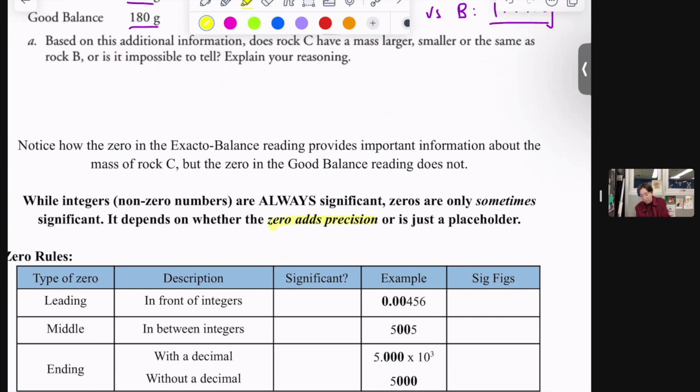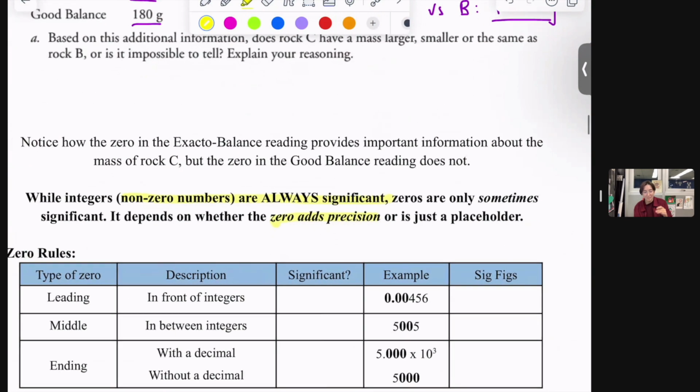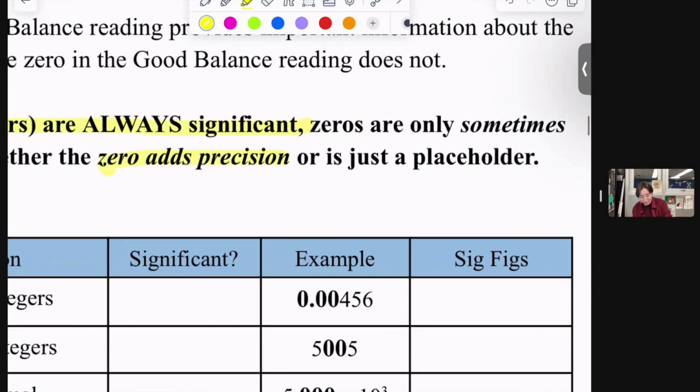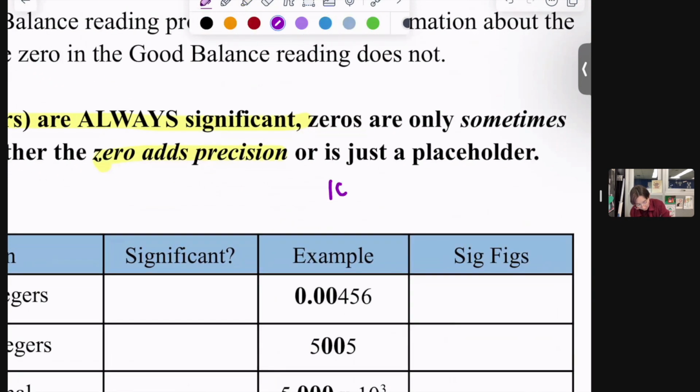Any non-zero numbers are always significant. That's just like 15 versus 10, those aren't the same number. We gotta make sure it's the same number. But any 0 that makes it a number, so 100 versus 10, those zeros have to be there. They make them two different numbers, but they're not adding precision.